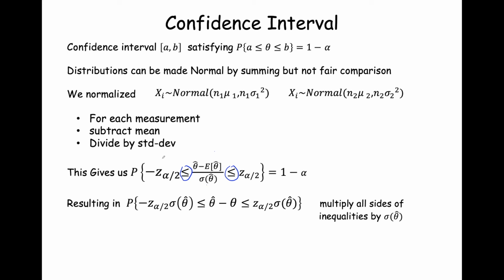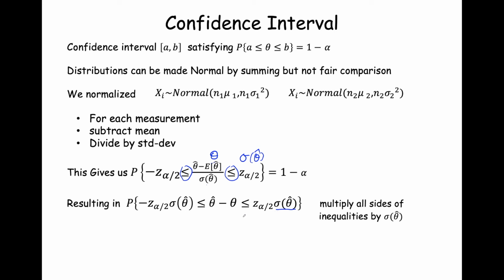And then we're going to have the standard error of theta hat multiplying this negative z value, and we're going to have our standard error of theta hat multiplying this positive z value. So if we do that, we have minus z value times standard error of theta hat less than or equal to theta hat minus theta, because the expectation of theta hat is theta. And then we have at most the positive z value times the standard error of theta hat.